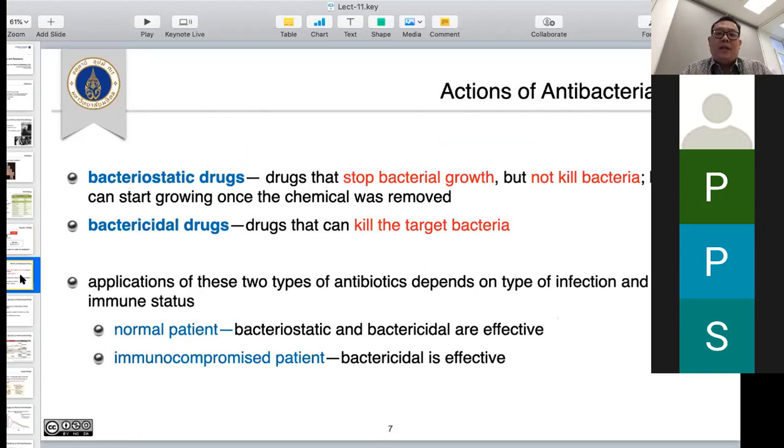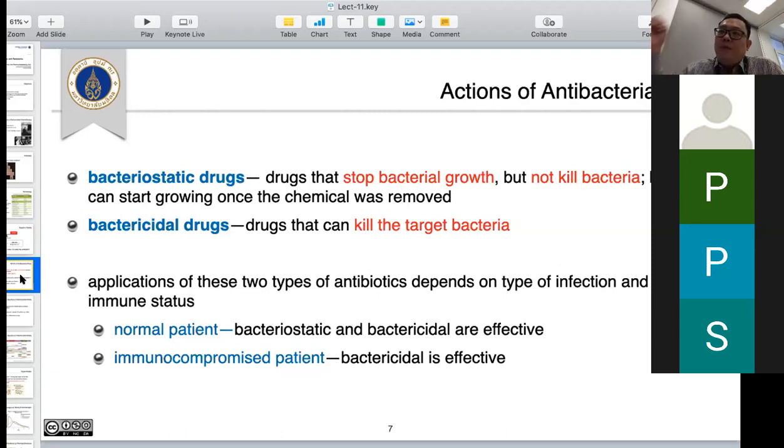All antibiotics act in two modes. One is bacteriostatic. Bacteriostatic does not kill bacteria, but lets bacteria stop growing. Okay, stop growing means stop dividing cells. All right, but not kill bacteria.